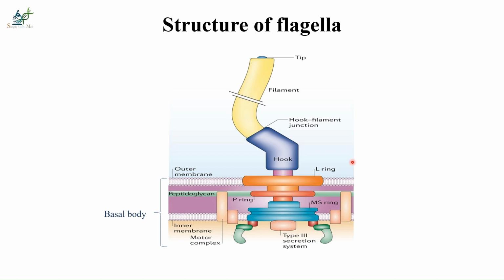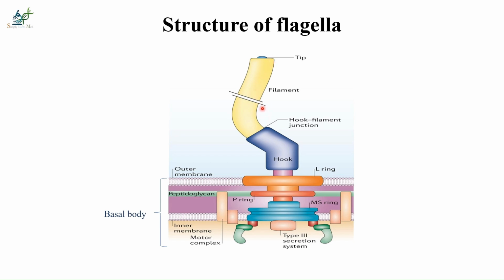indicating that only S and M are required for motility, and L and P are required for support. Here you can see the hook, a short curved structure connecting the filament and the basal body. It is broader than the filament, and it is protein in nature and different from flagellin. Just outer to this hook is the filament.